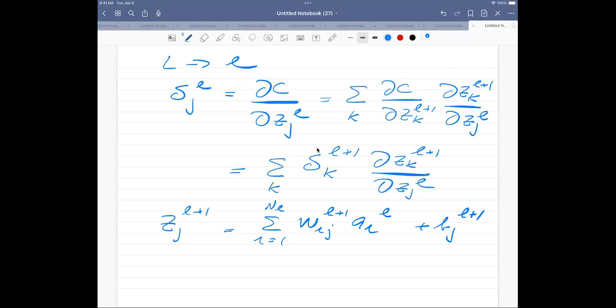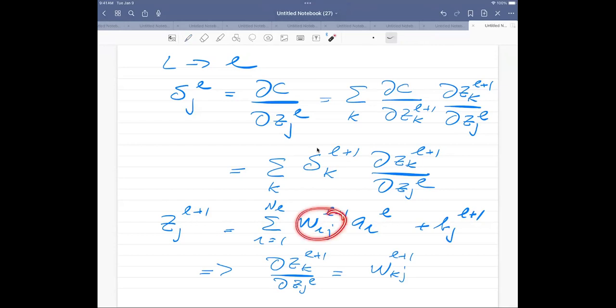So when I take the derivative with respect to zj of L, dzk of L plus 1 over dzj of L is going to be equal to the weight kj of L plus 1. So that follows from this term here.